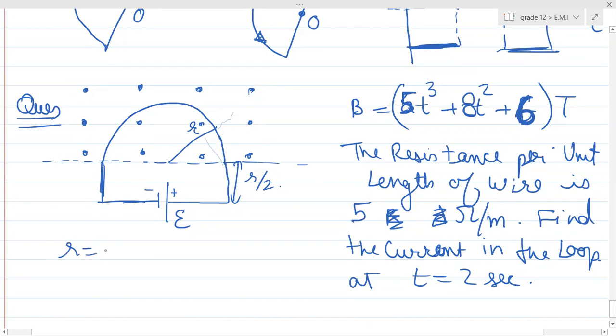The radius is, let's say, 2 by 5 meter. Okay, guys, please solve.